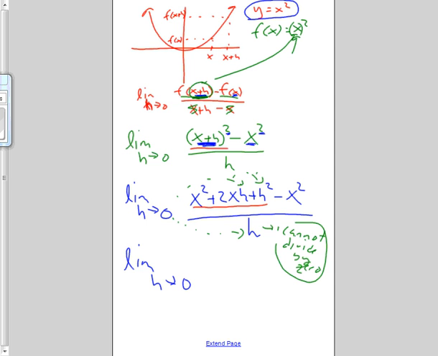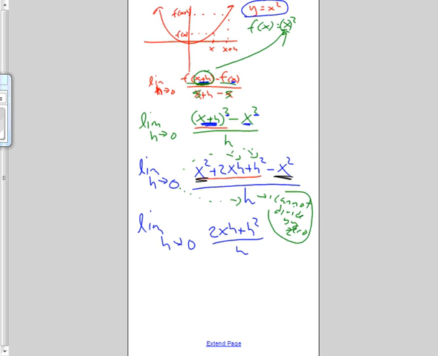But when we simplify this, in this next line, we've got an x squared and a negative x squared, those go away. So we'll have just 2xh plus h squared over h. Splitting up the fraction, we have the limit as h approaches 0 of 2x plus h.